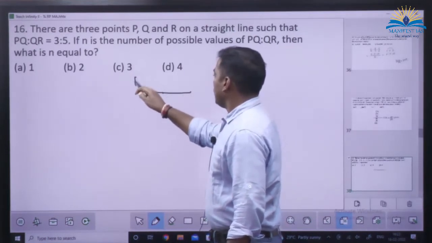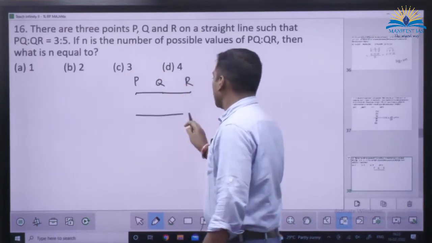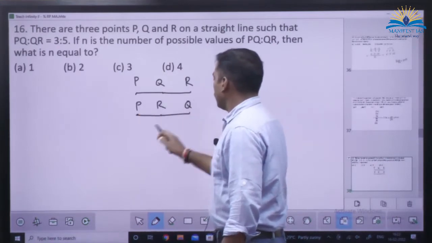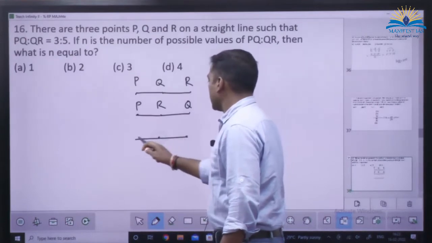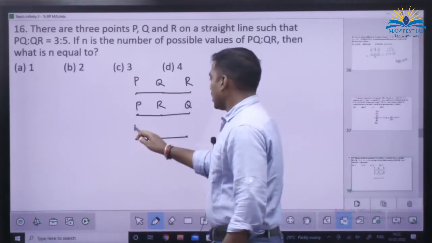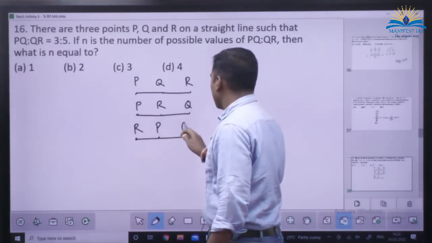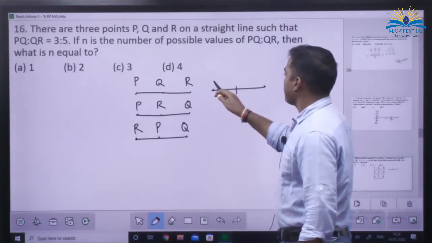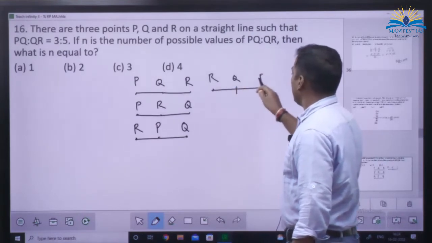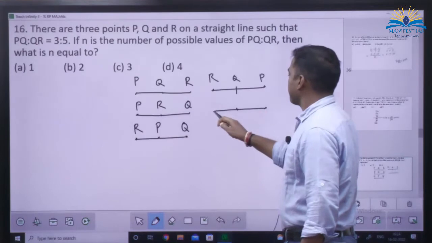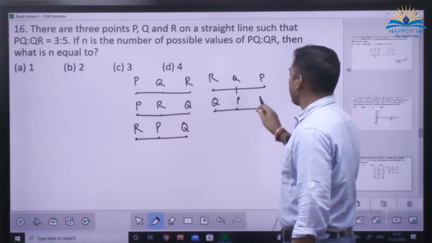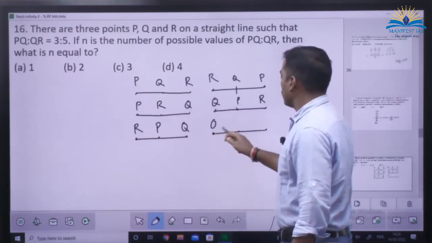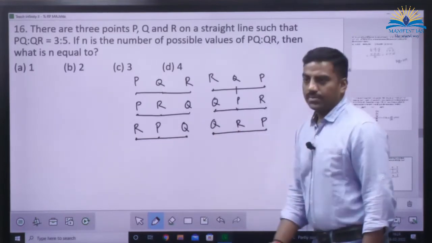First of all, P, Q, R, then P, R, Q, then R, P, Q, then R, Q, P, Q, P, R, Q, R, P. Okay.